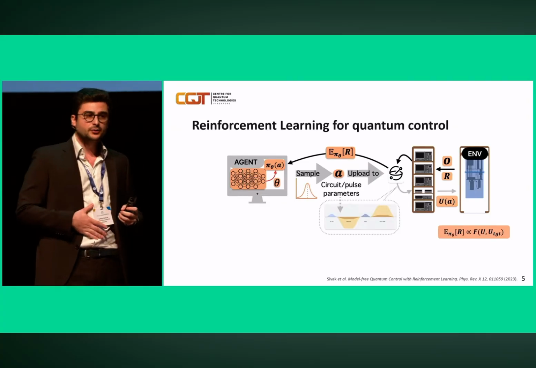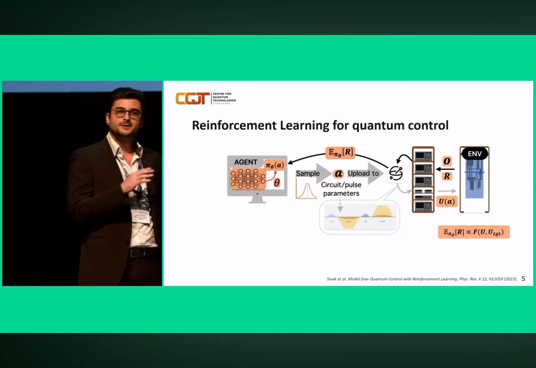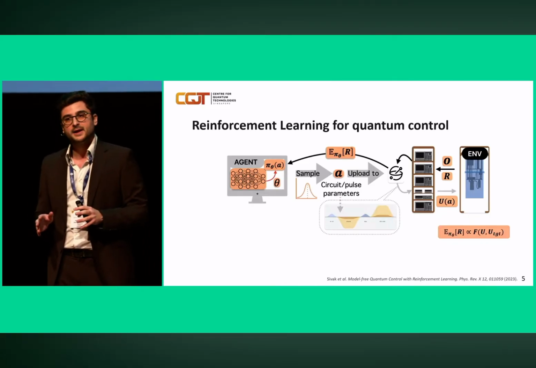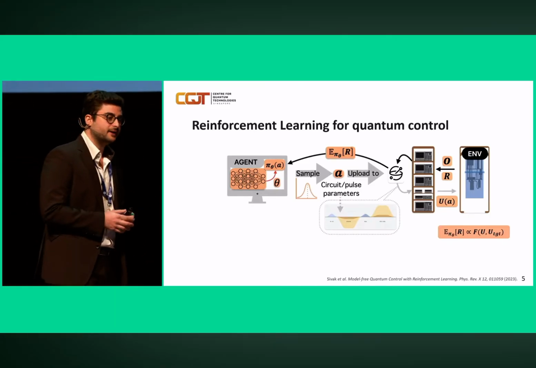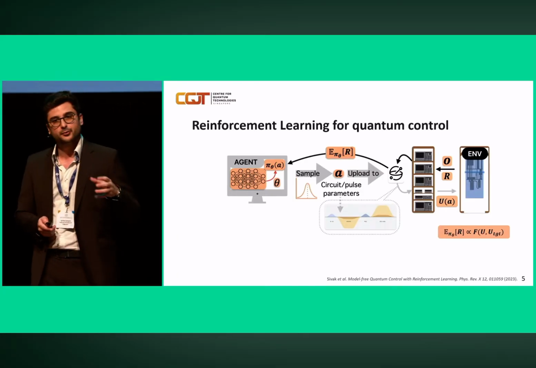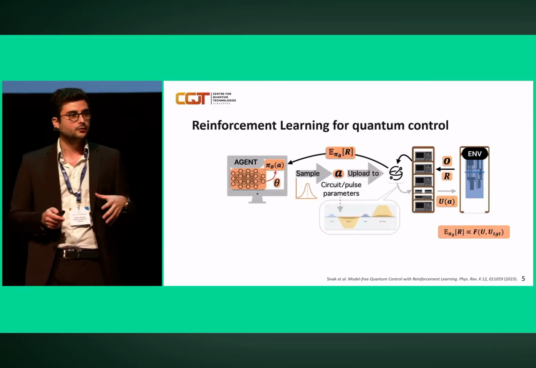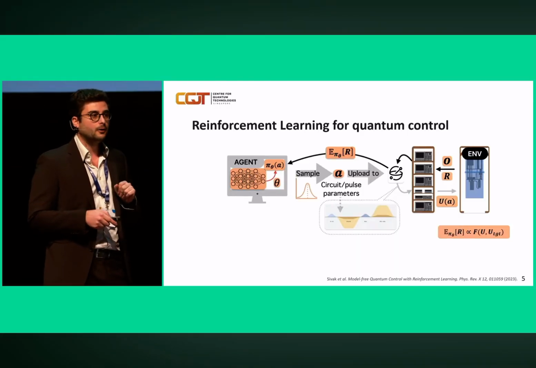All right. So reinforcement learning, in a very brief manner, is something which sits between supervised and unsupervised learning, and it's an interaction between two entities. The agent, represented by this classical neural network on the left, is in charge of addressing some actions. Actions mean, in our quantum context, circuit or pulse parameters you'd like to apply on your quantum system.